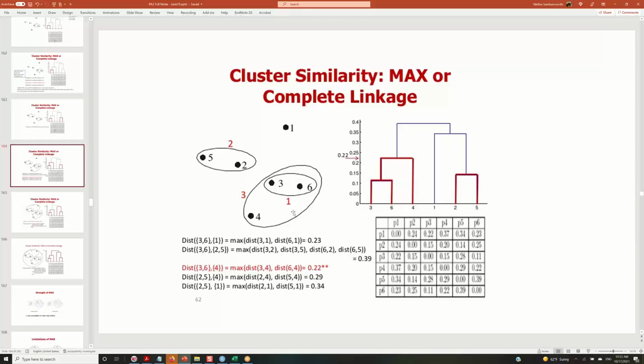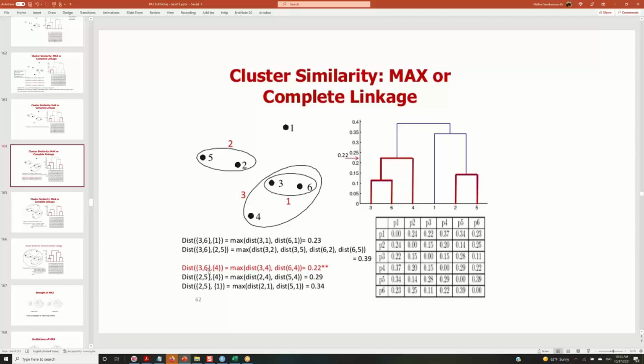The question is, when does 4 join: will 4 join with this first or with this? That's the question. So we're saying the maximum of the distances of this one with respect to this one is 0.23 with respect to 2.5. So you're going to take the maximum of the distance, that is 0.39.